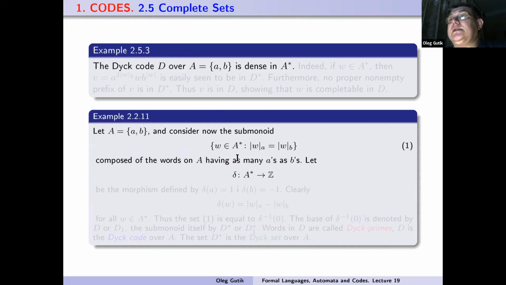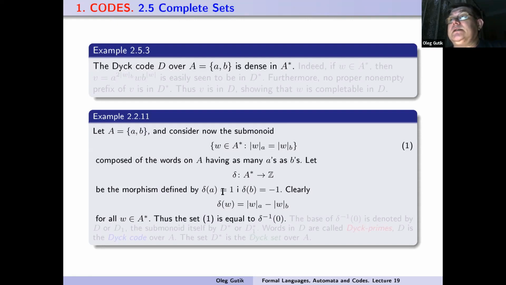Let delta be a morphism from A star to the group of integers defined by delta of a equal to 1, delta of b equal to minus 1. Clearly, delta of a word is the difference between the numbers of a's and b's for all words from the free monoid A star.